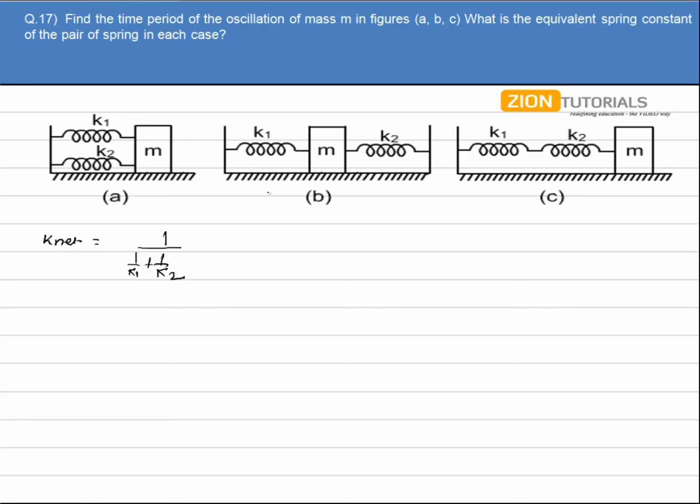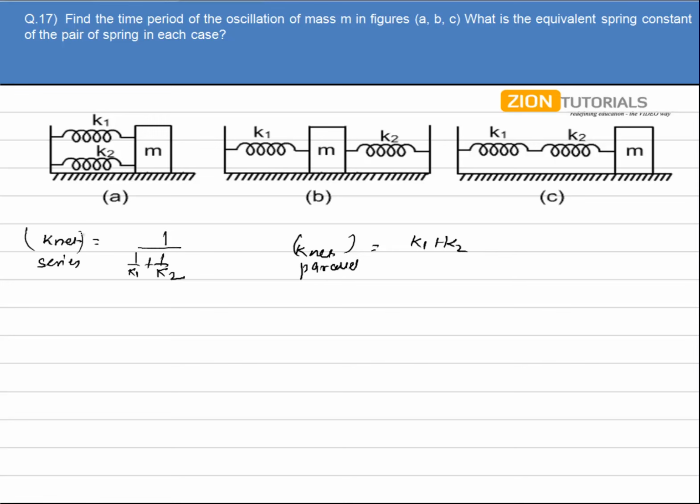This is the resultant of the two springs that are in series, and if the two springs are in parallel combination, then the net spring constant K will be equal to K1 plus K2.